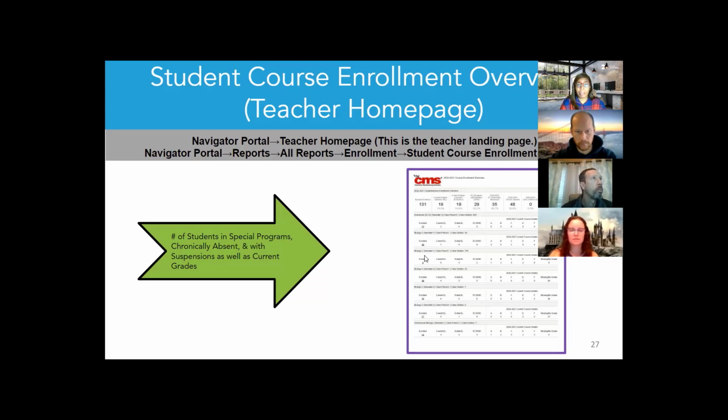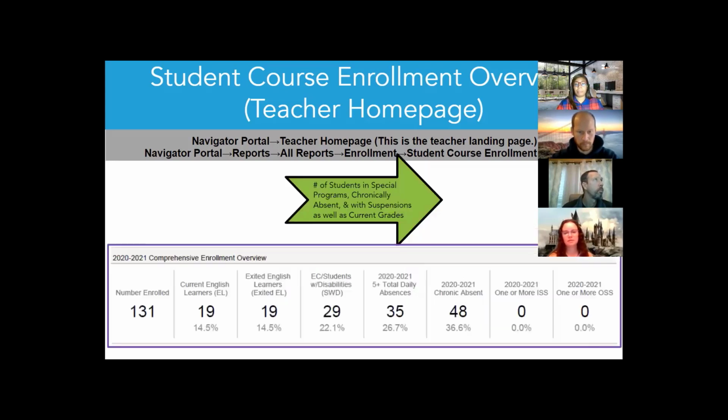This report was actually created, when I say we can customize, this report was actually created by a teacher that said, hey, teachers need something to look at where they see all of their students in a very organized manner. So we had a course enrollment report, which had kind of just dumped all the kids in there, and it was just this huge report. This here makes it a little bit more manageable, and you're able to see your kids collectively at the top, but also by periods underneath.